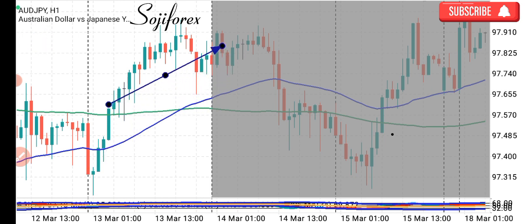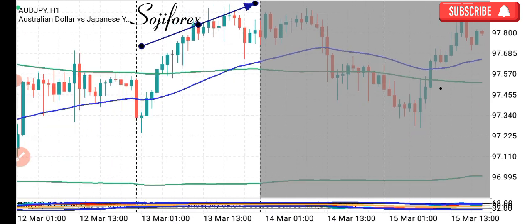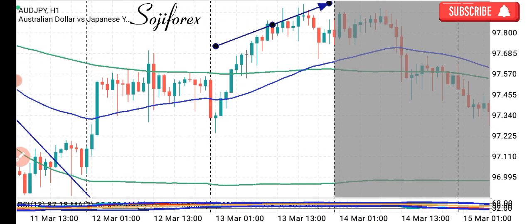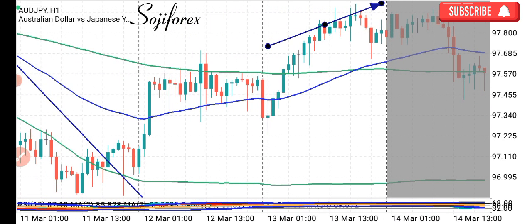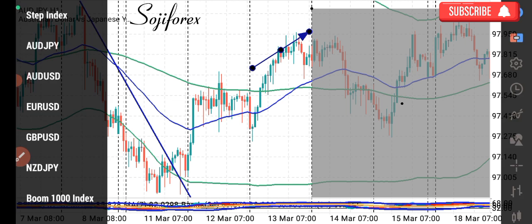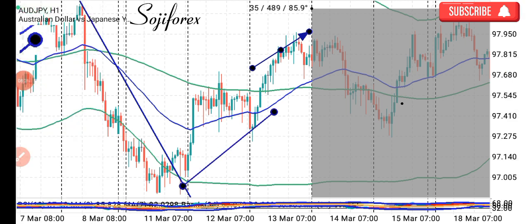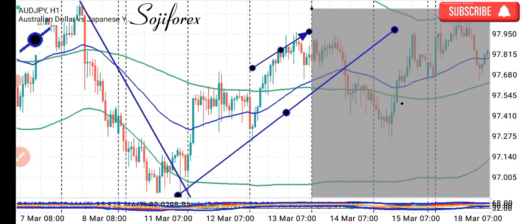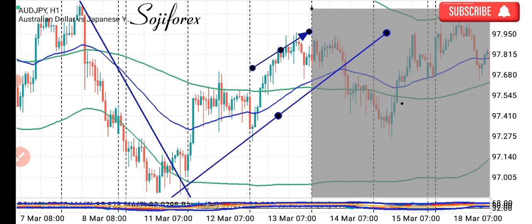This tells us that we have a change of direction, a change of trend. Remember we said we are using two patterns: our trend line and our moving average.